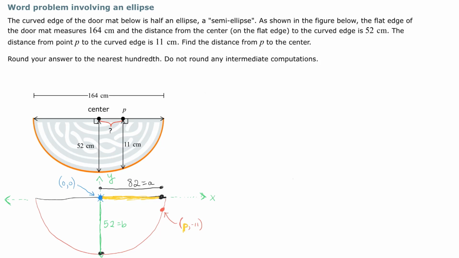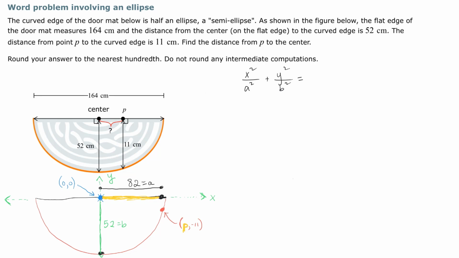All right. Why don't we develop the equation of this ellipse in standard form? So we have x squared, and we know that a squared is underneath the x squared, plus y squared, and we know that b squared is under the y squared. A is half the distance of the major axis, and the major axis is along the horizontal direction.